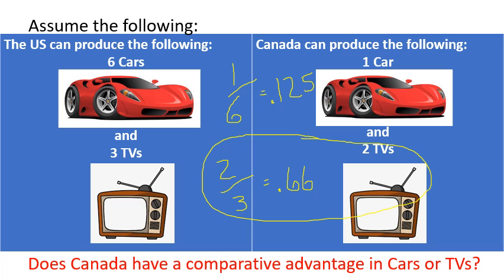So Canada in this instance would be better off producing televisions and importing their cars from the United States, because they're more efficient at it. They can produce the TVs at lower costs, whereas the United States can produce the cars at lower cost.